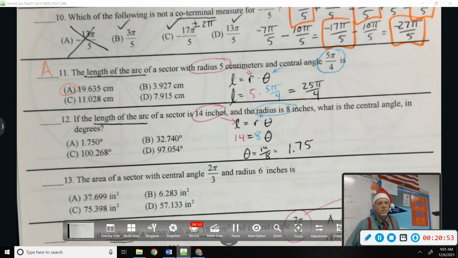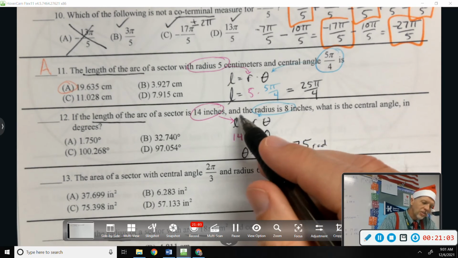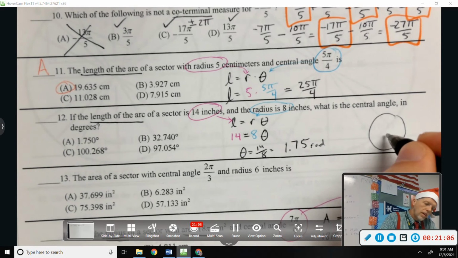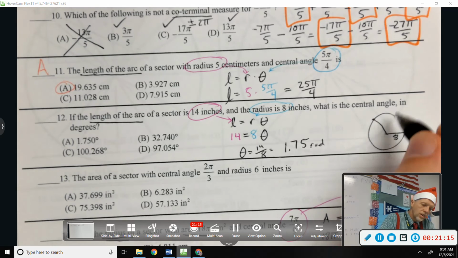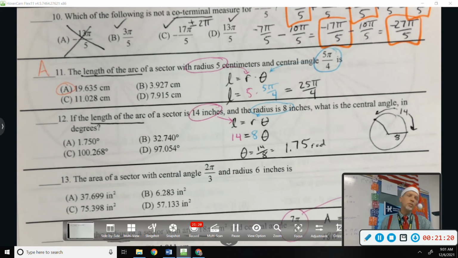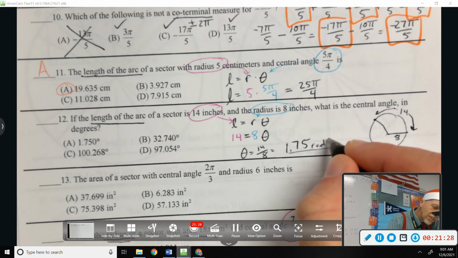Boy, it's sure tempting to mark A. That's in radians. That 1.75 is in radians. Also, if you tried to draw this out, even if you just sketched it, if the radius is 8 and you want your arc length to be 14, maybe that's 8 and then some more. That's definitely more than 1.75 degrees. It's 1.75 radians, but we know how to convert radians to degrees.